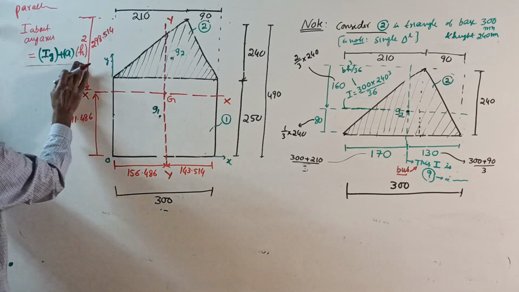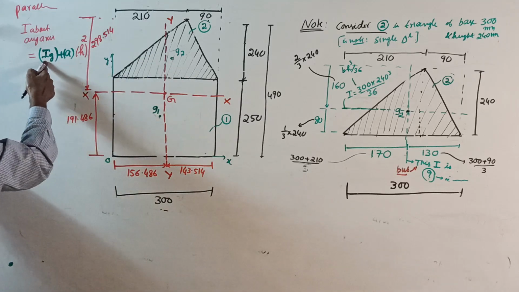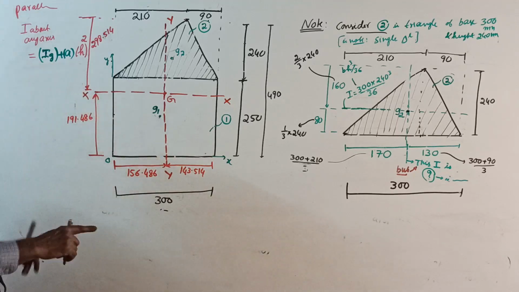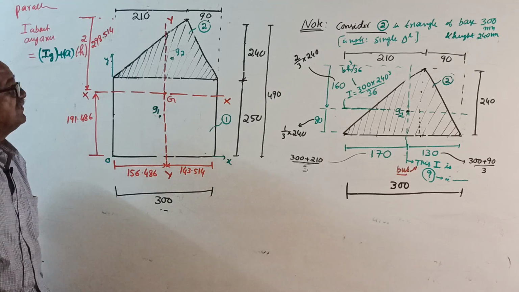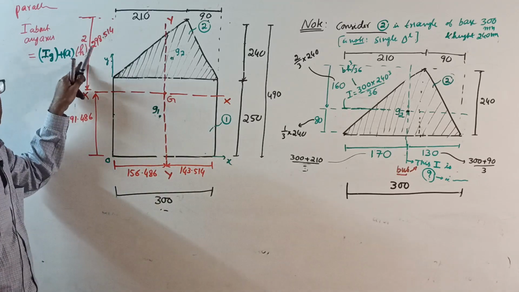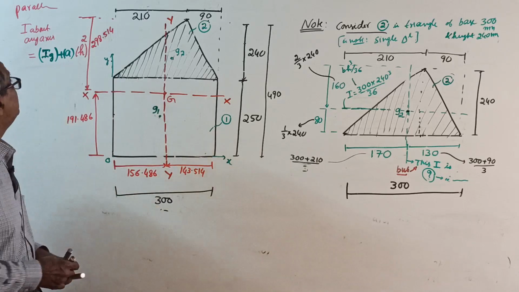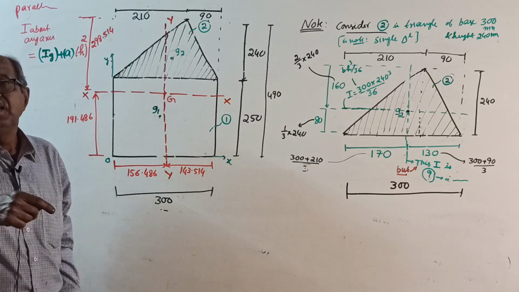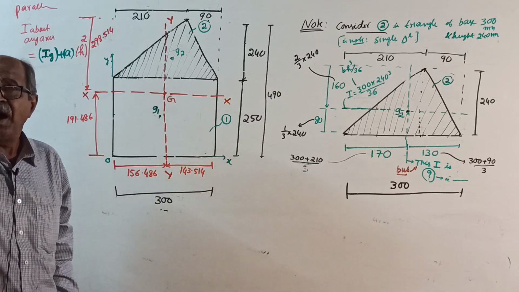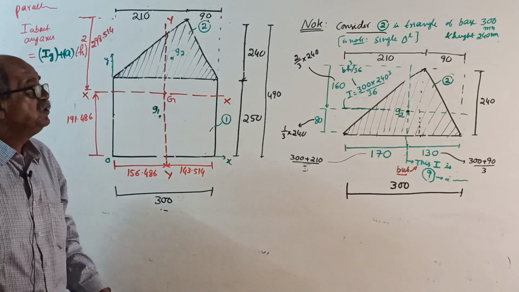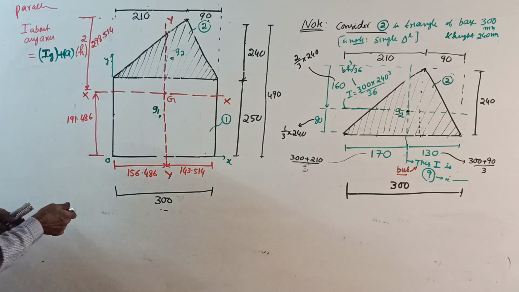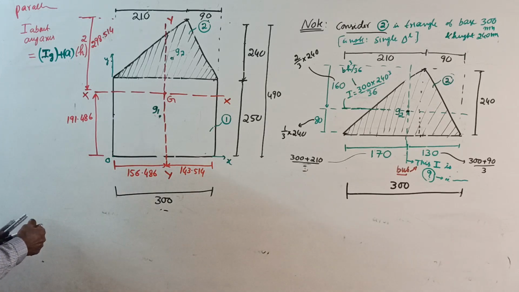Meaning, I about its own centroidal axis parallel to the required axis. A is the area of the part considered, H is the perpendicular distance from the centroid of the part or component considered to the required axis. This all I told you. Start now. I will write Ixx first.